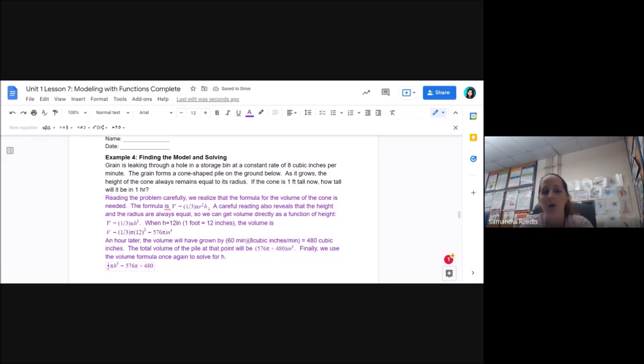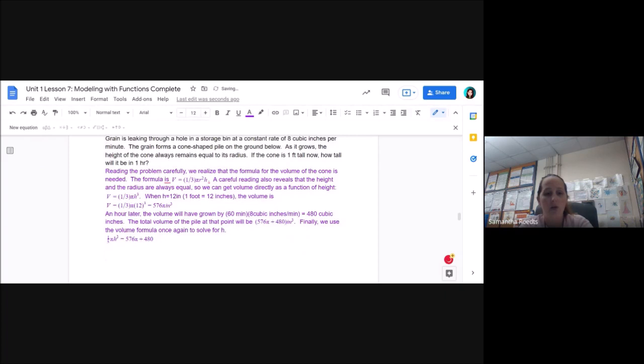Because we found the volume originally, and then we found how much the volume grew within an hour. It grew 480 cubic inches in that hour. So we're adding the original volume plus the amount that it grew within that hour, and we're going to solve for the height so we can find how tall the cone actually is. Okay, so when I do this, I'm going to divide both sides by 1/3.